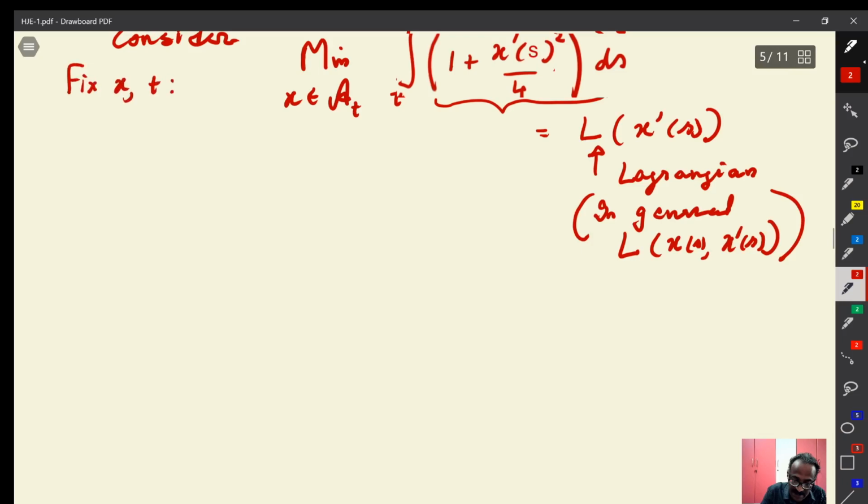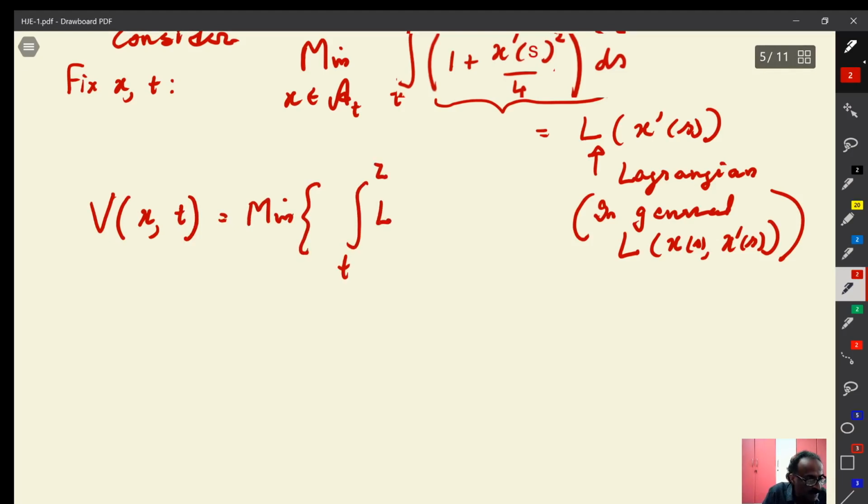So definitely the minimum will depend on that. So let's call this v of x, t. So v of x, t is equal to the minimum, I use the notation m, because we will do the integral from t to tau of L, in this case L of x prime of s.